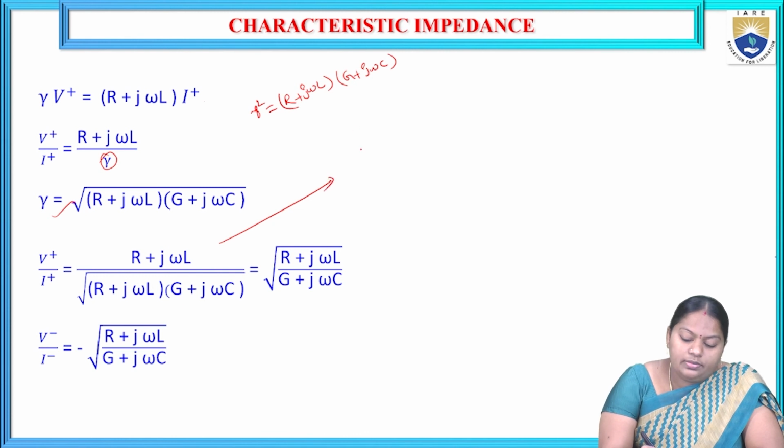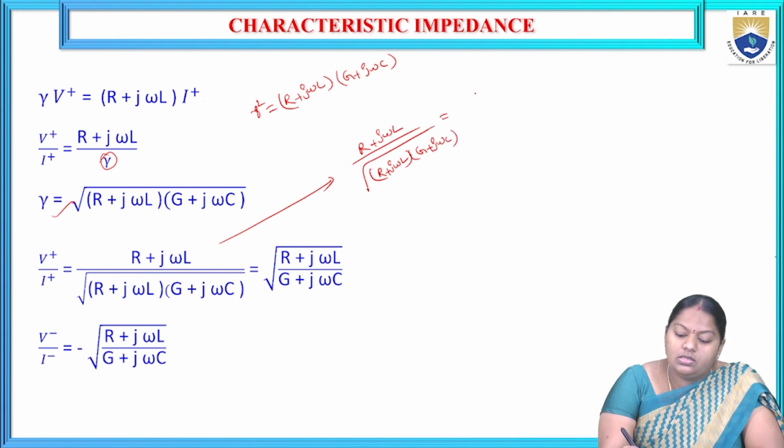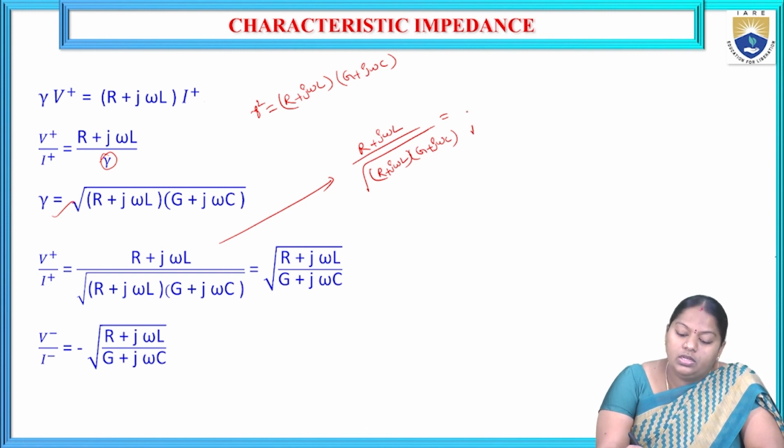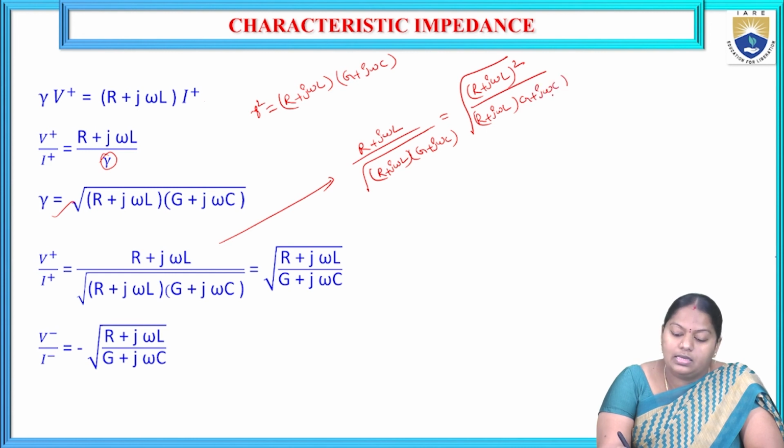From this relation, we have (r + jωl) by root over (r + jωl)(g + jωc). Now if you take this (r + jωl) inside the root, it becomes (r + jωl) whole square by (r + jωl)(g + jωc).